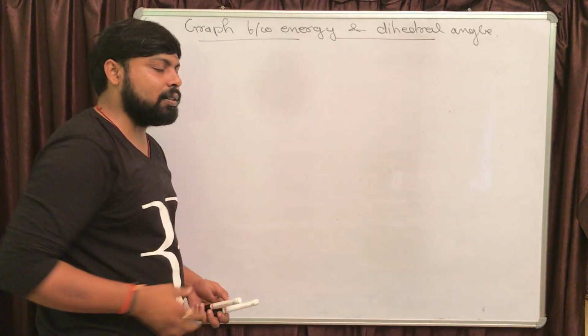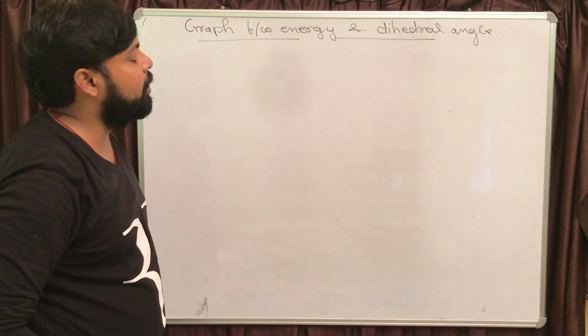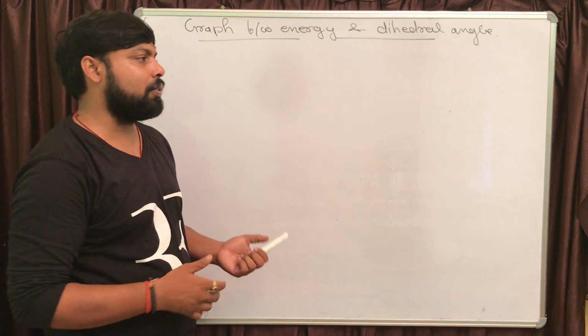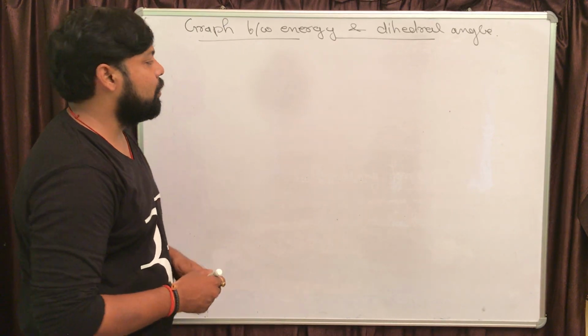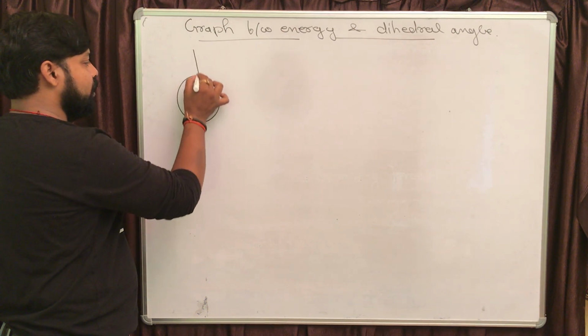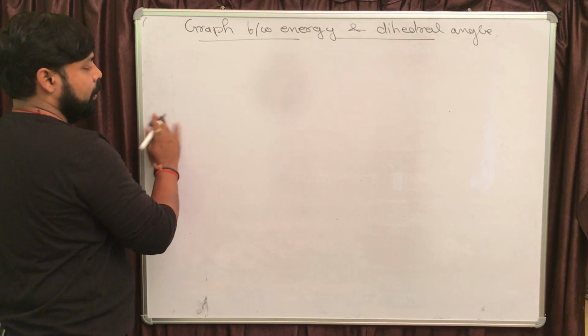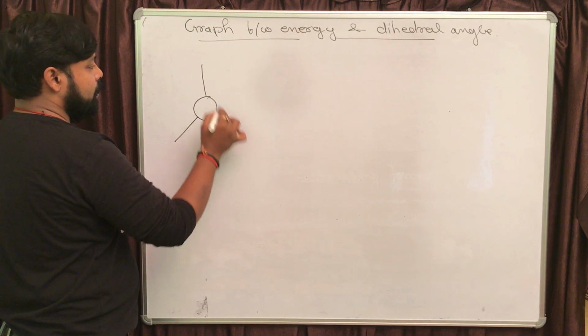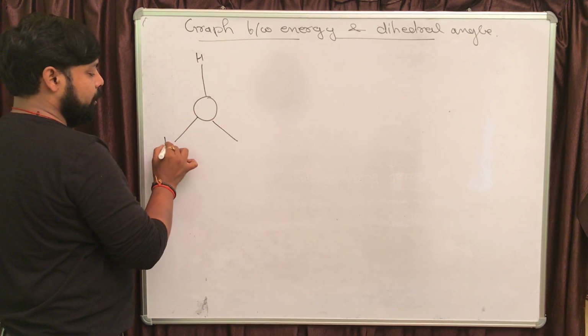To draw that graph, let us start with the same situation that we had taken, the situation of the eclipsed form. I am drawing that eclipsed form of ethane. Right now we are doing it for ethane only.